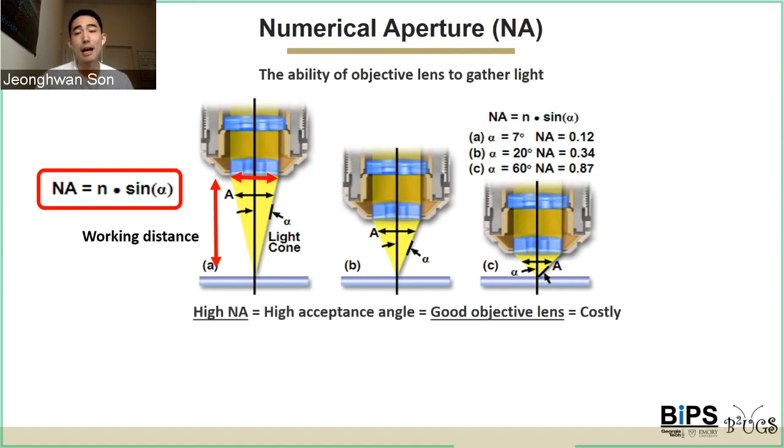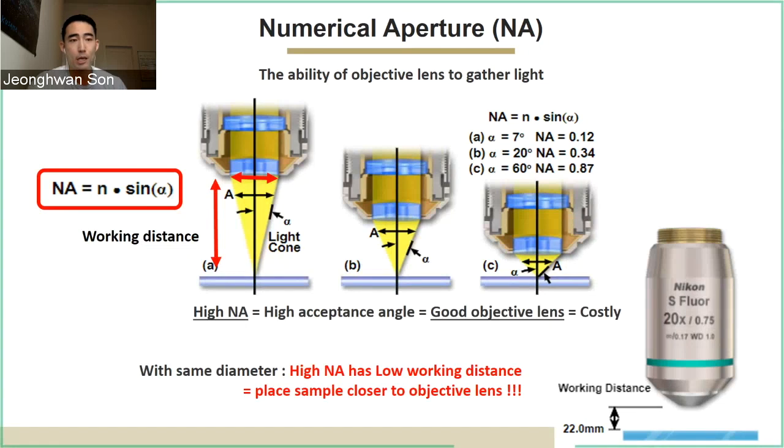In result, higher NA has higher angle and good performance, but it is more expensive. With the same diameter, higher NA has shorter working distance, meaning we need to place the sample closer to the objective lens, and vice versa.